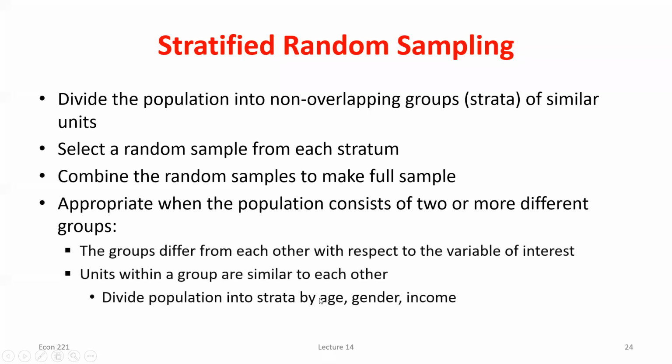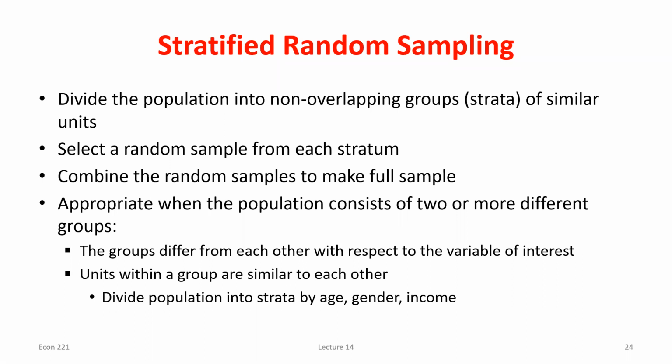We could do this by age groups, to make sure that the age distribution of my sample matches the population. We could do income, to make sure that the income distribution of my sample looks similar to my population. That's because income, age, and gender might be related to a lot of other variables I might want to be looking at.